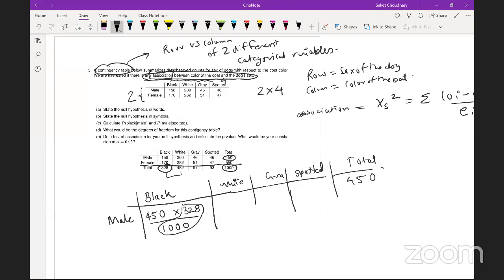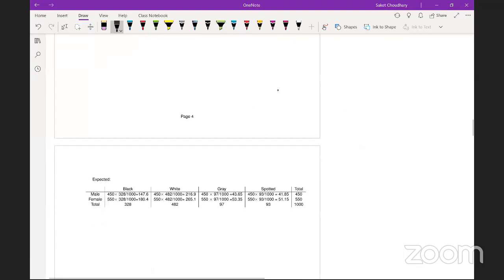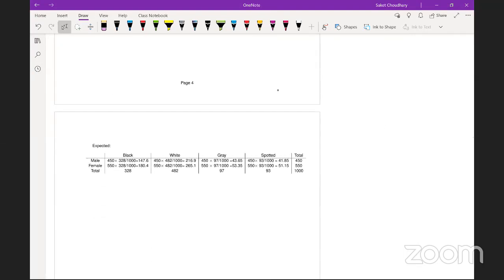I've already cheated a bit and I'm giving you the expected values for all of these cells. So if you sum up these 4 values, they should sum to 450. That should be a quick check. Okay, and the same holds for the column-wise summation as well.